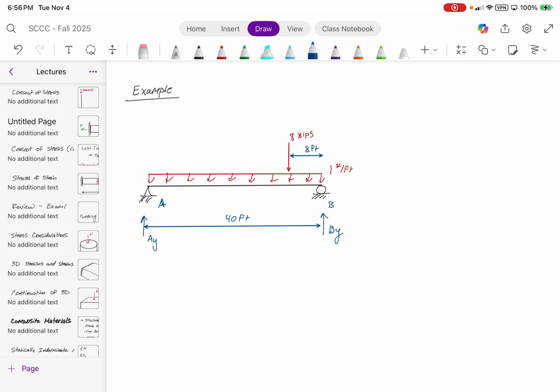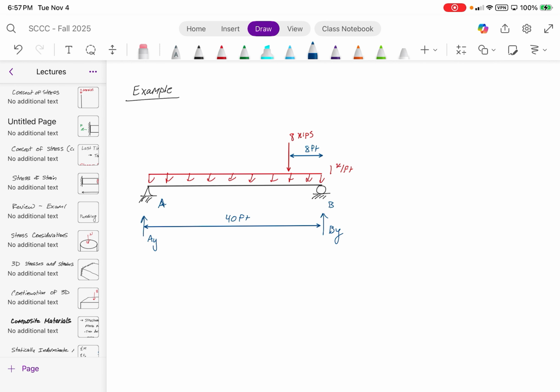What's your vertical reaction on the right-hand side? 21.6. Yeah, so this should be continually going down. 26.4 minus 32 gives you 13.6. 1 kip per foot times 40 feet minus 8 feet, so that's 32 feet.